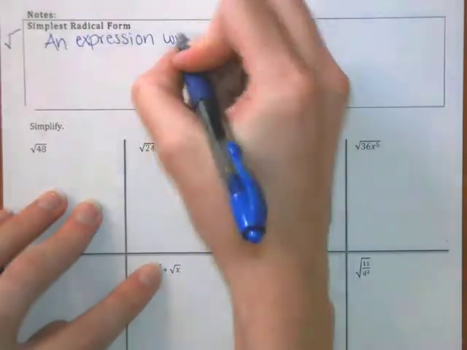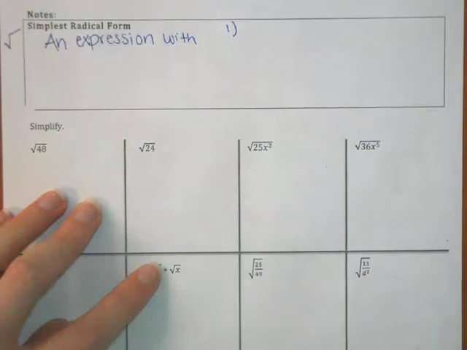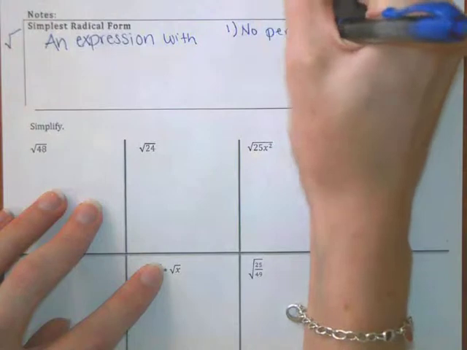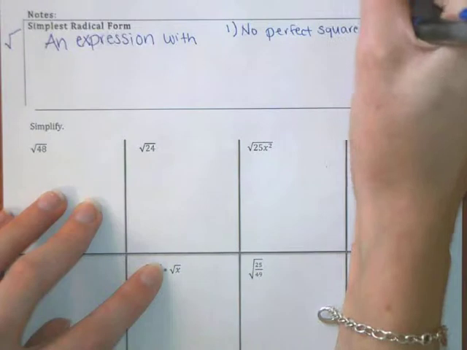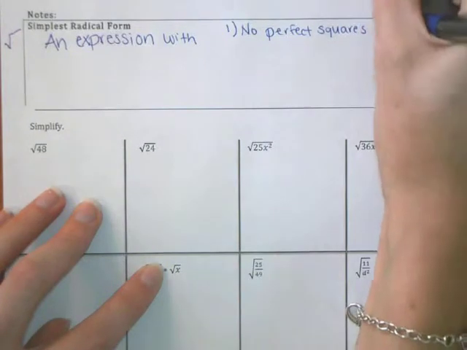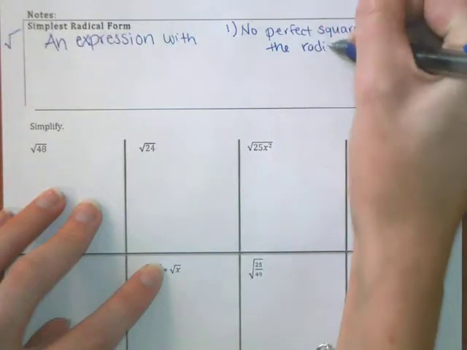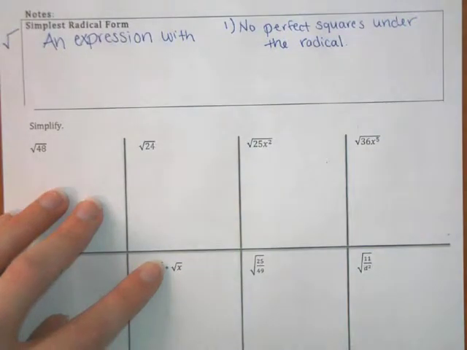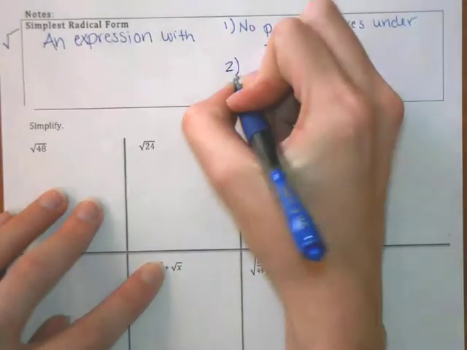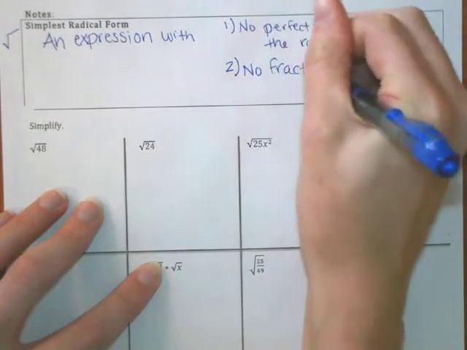I'm going to list them separately. 1, has no perfect squares under the radical. Alright, so there's no perfect squares under the radical. And 2, there are no fractions under the radical.